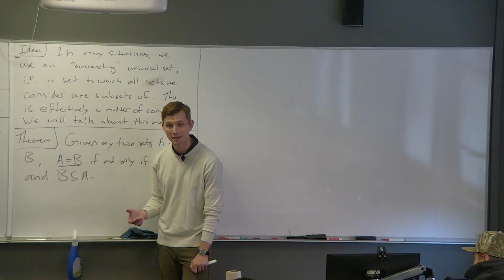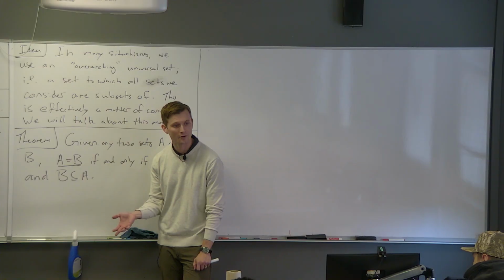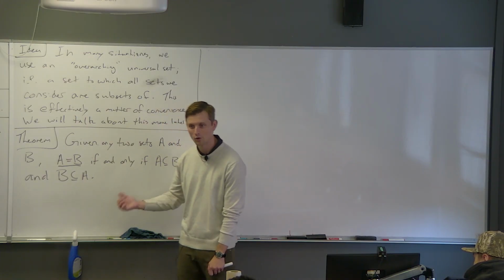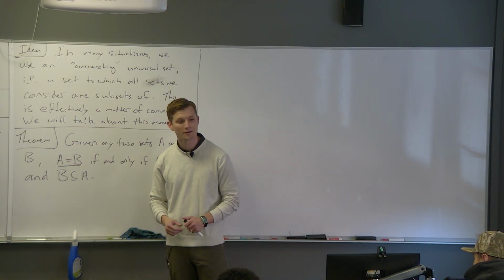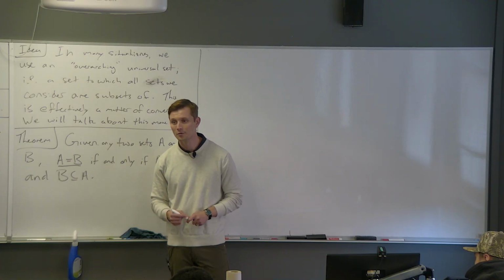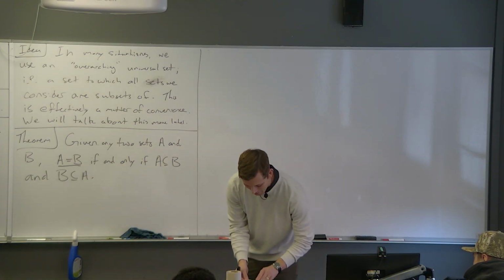If they didn't have the same elements, at least one set would have an element that doesn't belong to the other, but you can really rapidly derive a contradiction via one of these two conditions. Okay, cool.